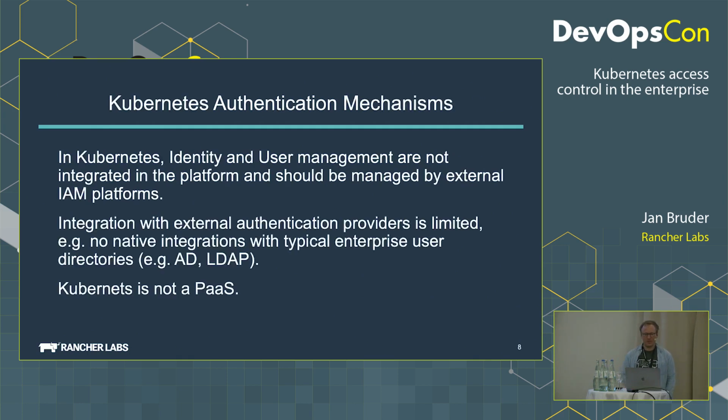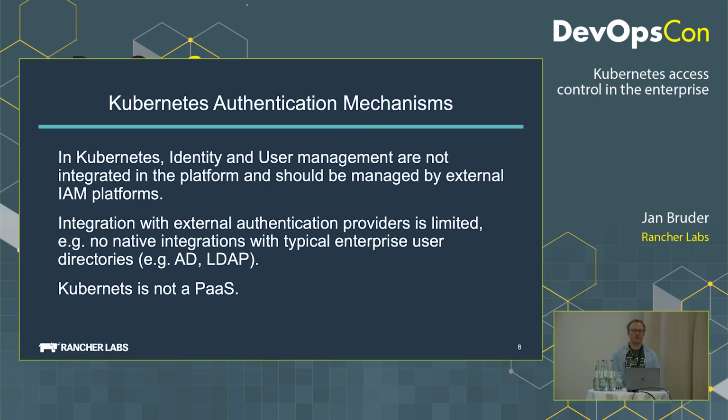And when we talk about authentication mechanisms in Kubernetes, it's important to point out that Kubernetes itself doesn't see itself as a PaaS. So the Kubernetes developers really want to focus on orchestration of applications in distributed environments.